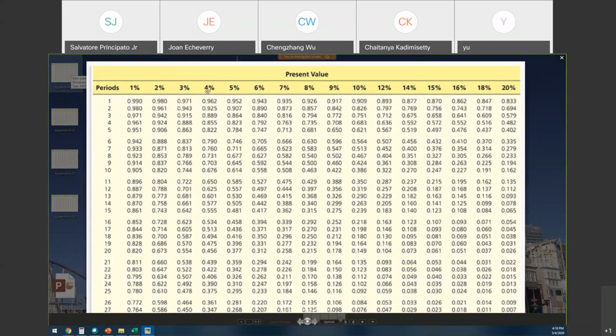We have different periods and different interest rates. By referring to the column with the corresponding interest rate, we can find the present value factor in its corresponding period.